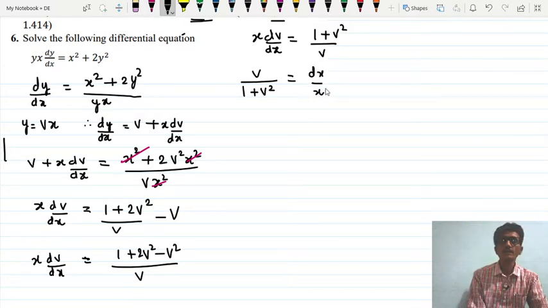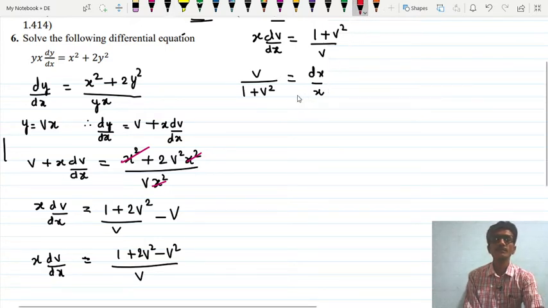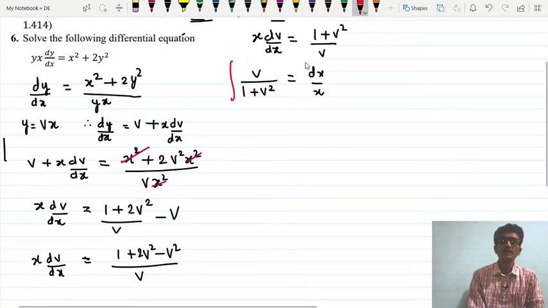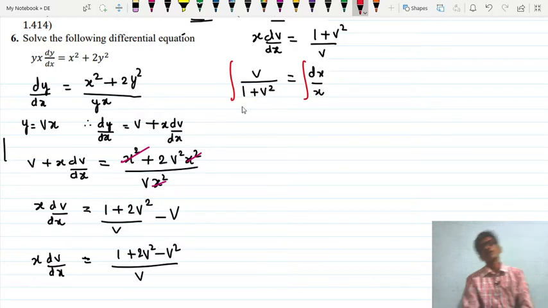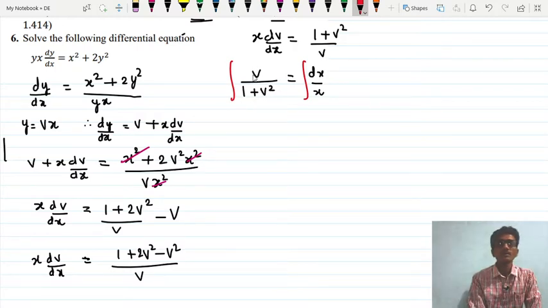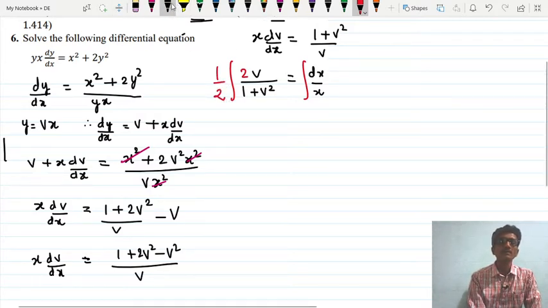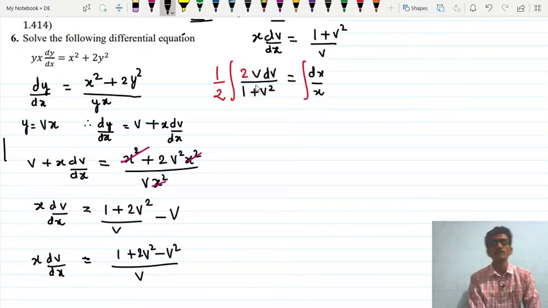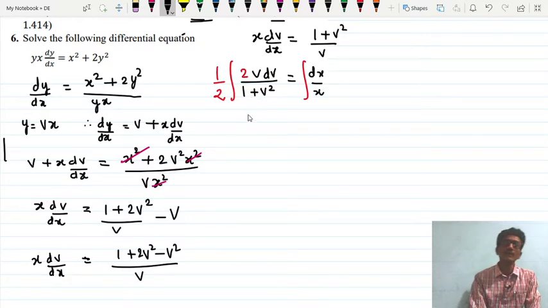Then integrate it. So we'll integrate both sides. Here derivative of 1 plus v square is 2v, so just multiply here 2 and divide by 2, so that this will be f dash of v upon f of v, that is log.